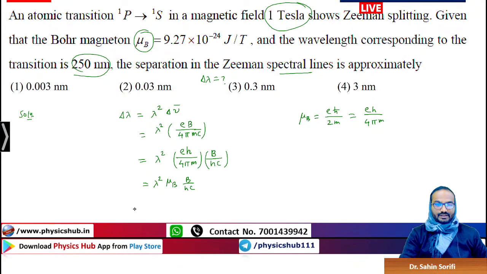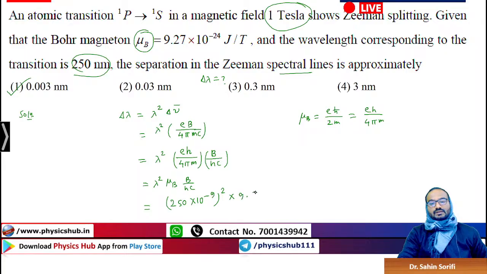Option you are getting very good. Lambda square, 250 nanometer, 250 times 10 to the power minus 9, mu B 9.27 times 10 to the power minus 24, B is 1 Tesla, divided by hc. h is 6.6 times 10 to the power minus 34, c is 3 times 10 to the power 8 meter per second.